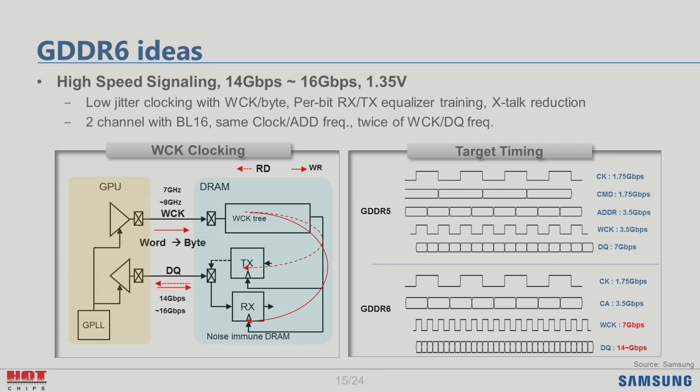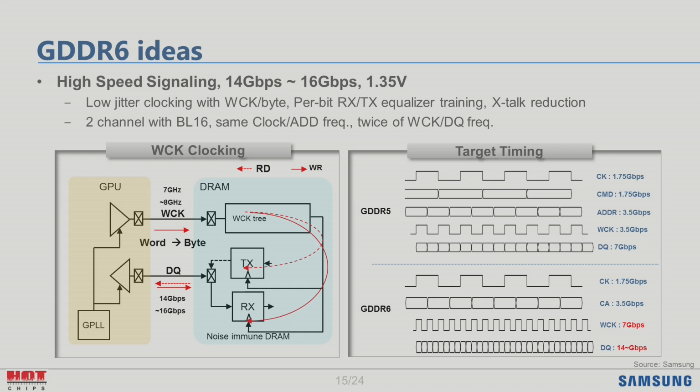The first, in order to reduce the jitter, we can use the WCK per byte. And as I mentioned in the previous slide, in order to reduce the ISI, we can adopt the per-bit RX and TX equalizing using the DFE.